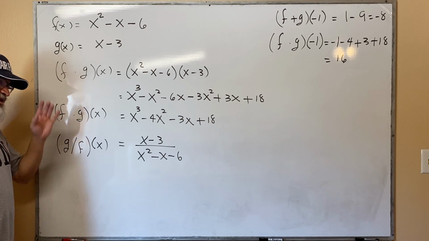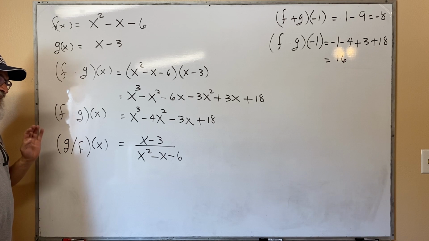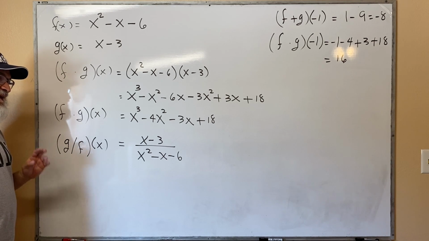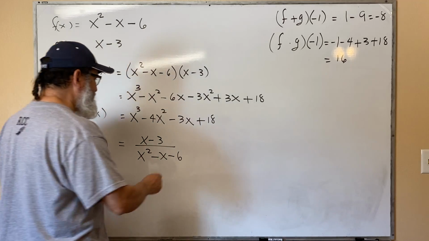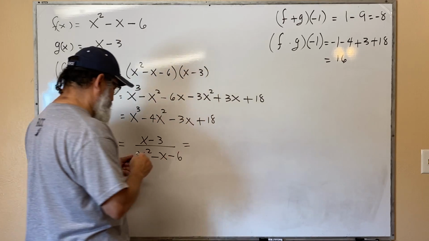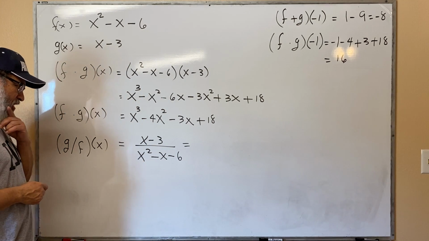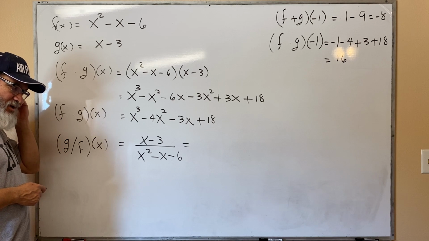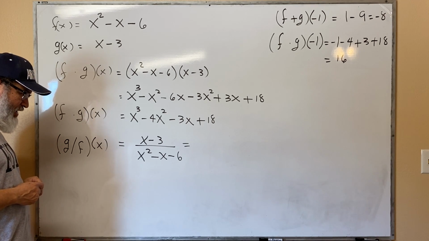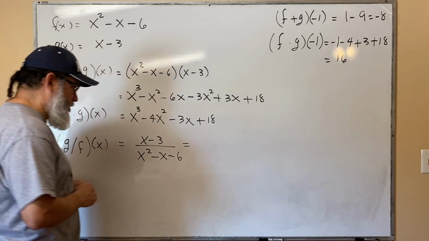This rational function, let me see. It has 2 asymptotes, okay? This function has 2 asymptotes. Where are they? Where's the first one? Well, let me see, 2 vertical asymptotes, okay?